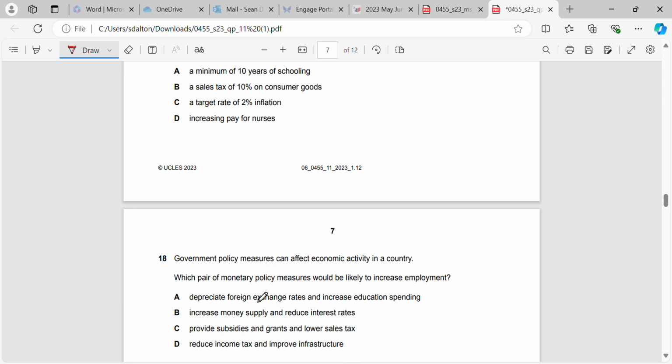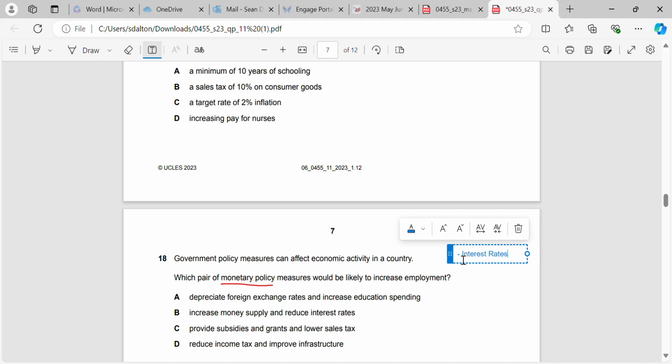Question 18. Government policy measures can affect economic activity in a country. Which pair of monetary policy measures would be likely to increase employment? So first thing, we can disregard anything that's not a monetary policy. Monetary policy is interest rates, credit regulations, money supply, exchange rates. Check the Unit 4 slides if you need to.